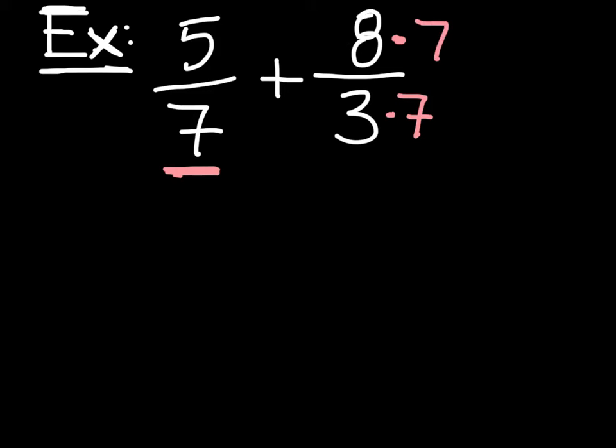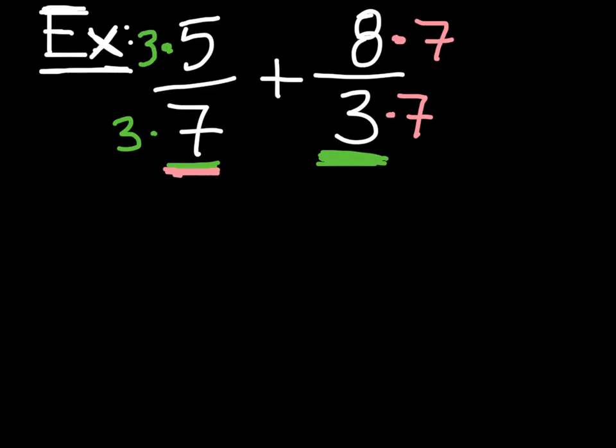So I also multiply by 7 right here. Notice the 7 is still just 7. So what I must do is look over here to the 3 and multiply over here. But if I do it to the denominator, I must also do it to the numerator.